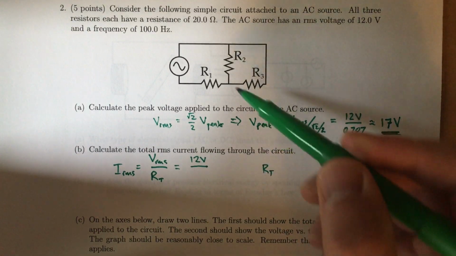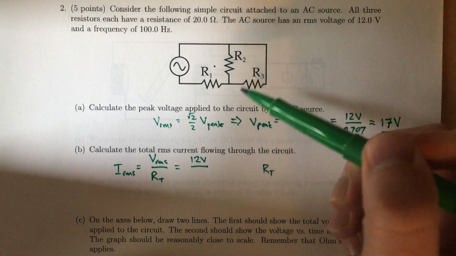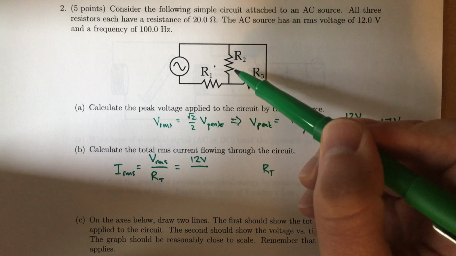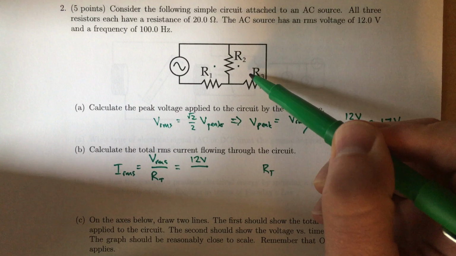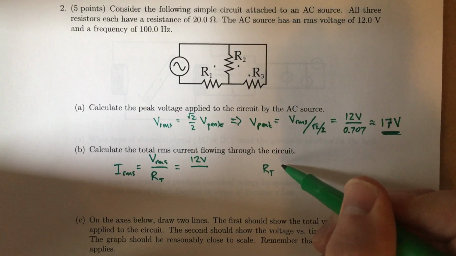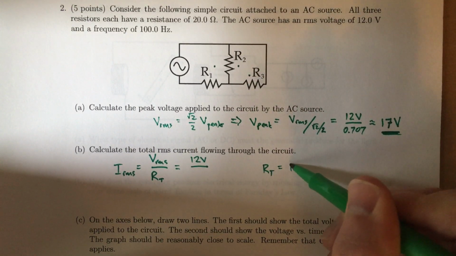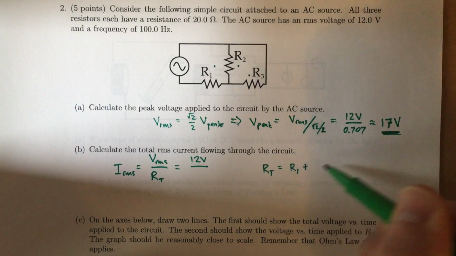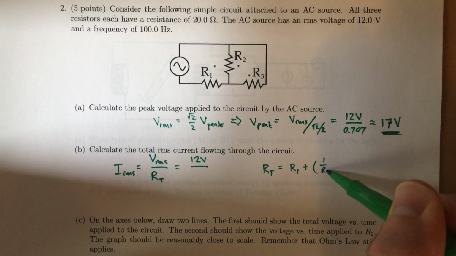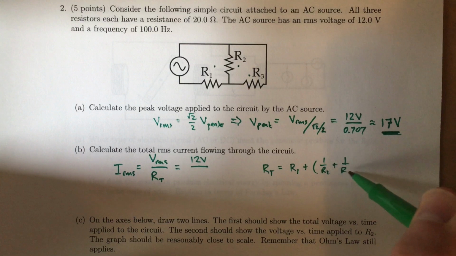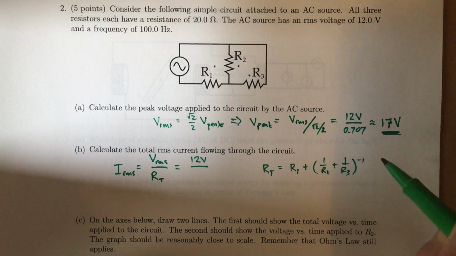We have resistor 1 that's in series with the parallel combination of 2 and 3. So what that looks like in our equation is R1 plus the parallel combination of R2 and R3.